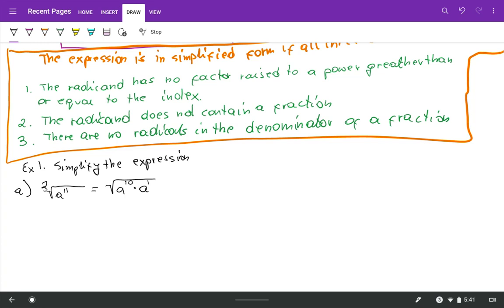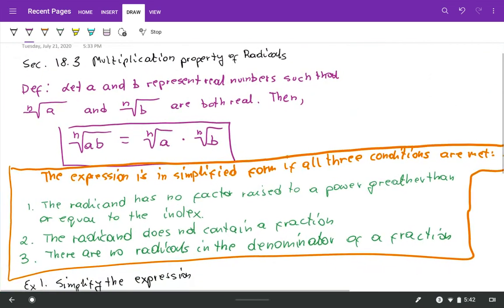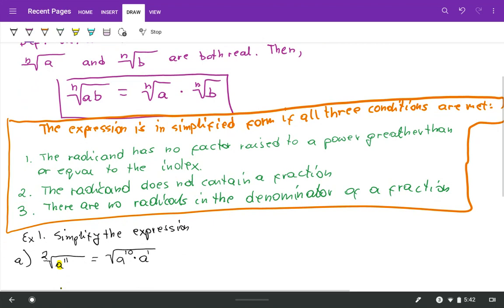Because we already know the product property, a to the power of 10 times a to the power of 1, we can rewrite it as a to the power of 11. So why do we do that? Because at this moment I want to use the multiplication property of radicals. So I want to rewrite this as the square root of a to the power of 10 times the square root of a.